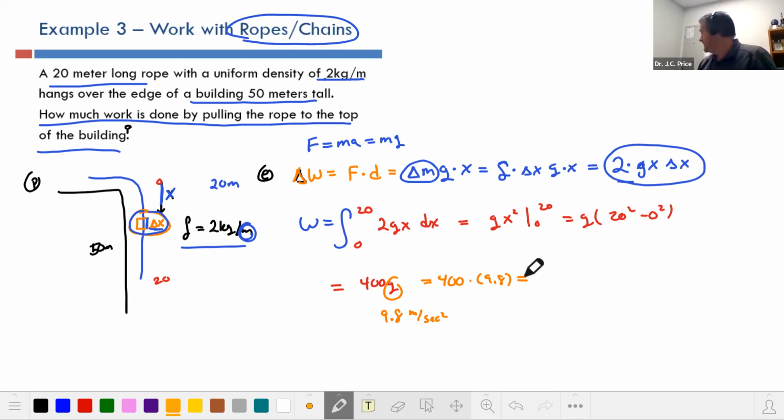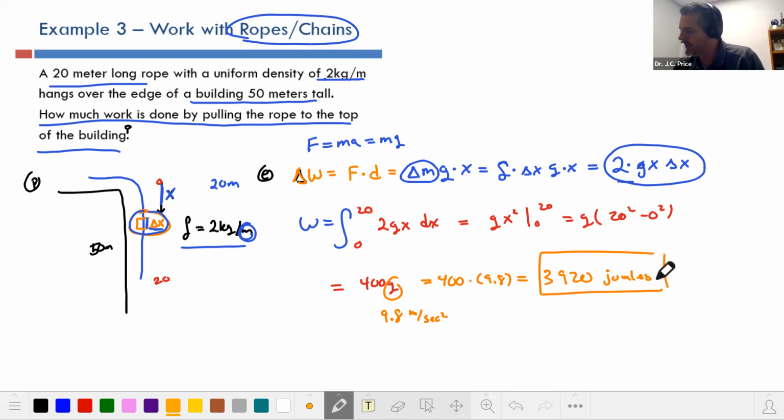And so I'll need a calculator for this. I can crunch it: 400 times 9.8, and I get out 3,920. That's Newton meters, but those are actually called joules.